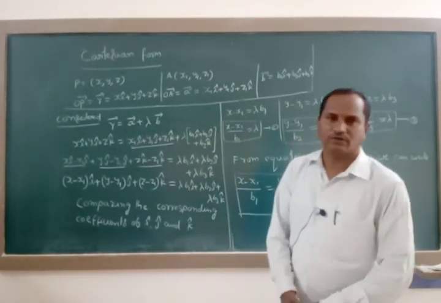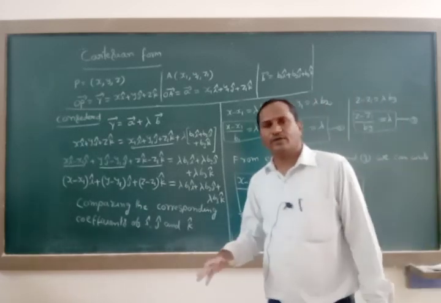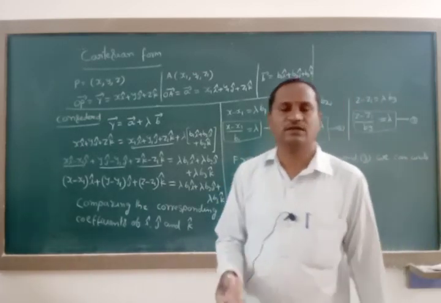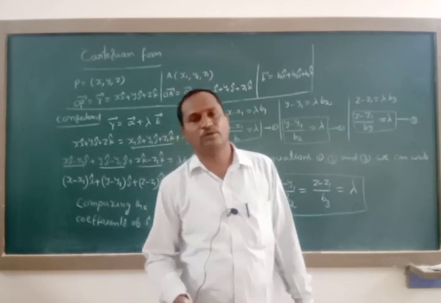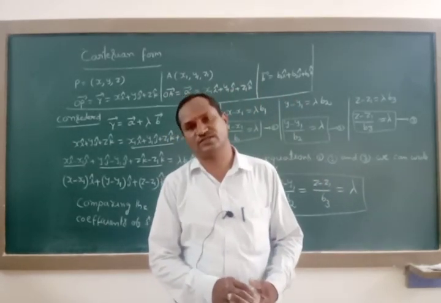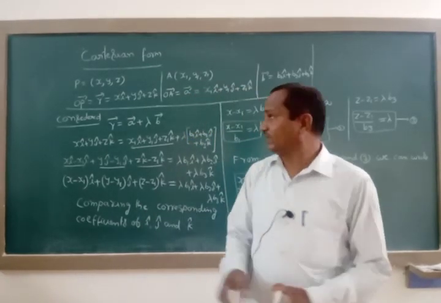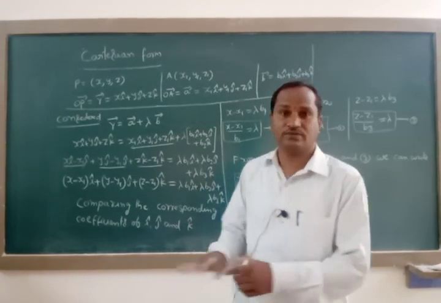Before that I told you the vector form of the equation of a straight line. Like that, the next theorem is the equation of a line when it is passing through two points, in both vector and Cartesian forms. I'll solve that in the next class. Today this much is enough.